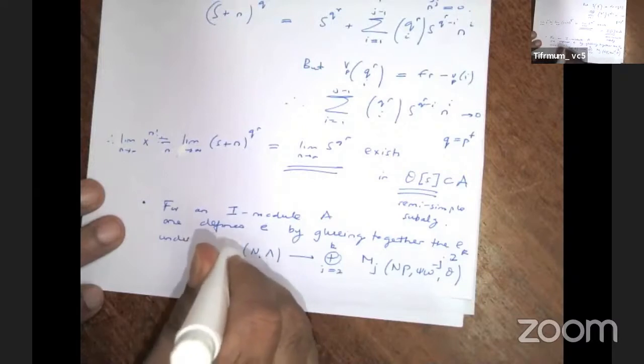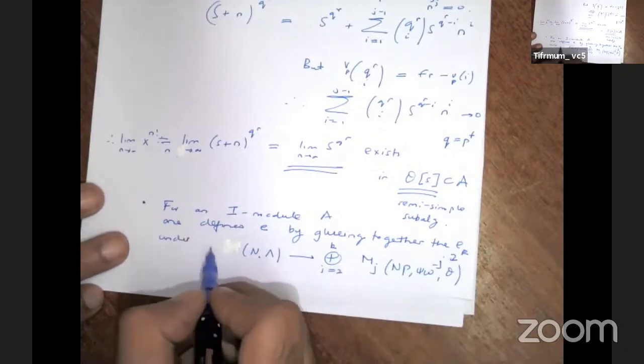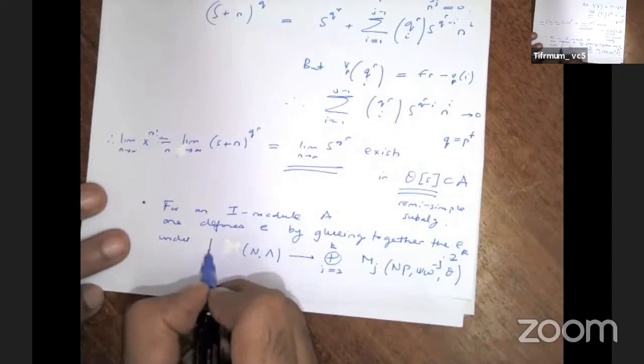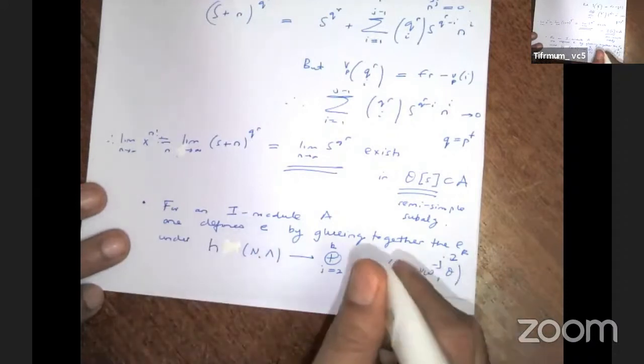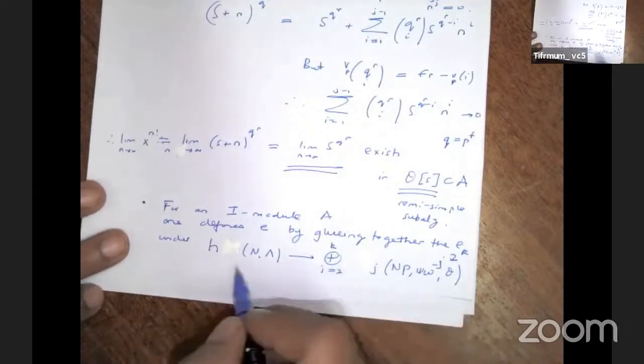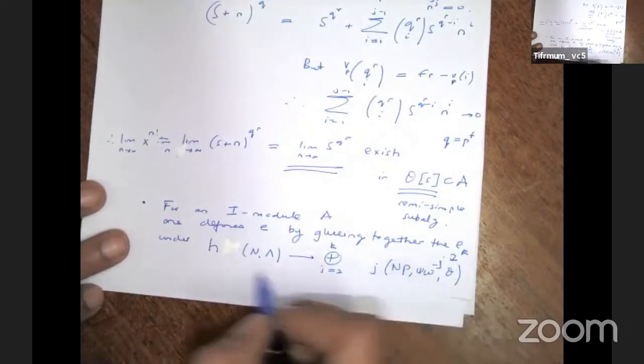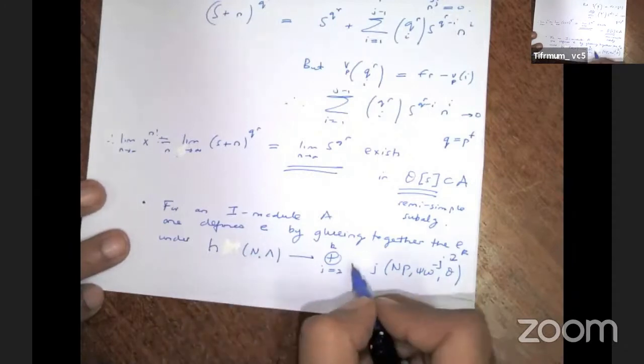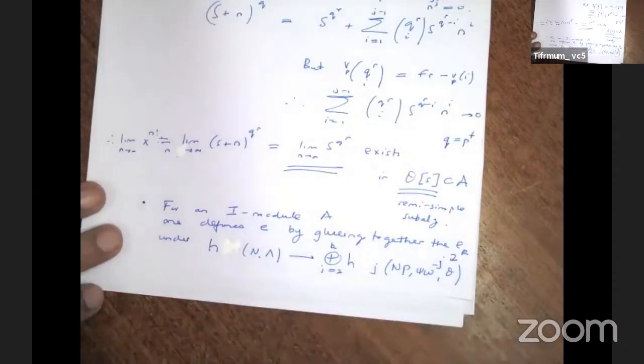I should write the Hecke algebra here, H. Hecke algebras are the algebra, because these are not algebras, these are just O-modules, right? There's no multiplication, but the Hecke operators act on these spaces, and then you can define the Hecke algebra to be the algebra spanned by those operators.